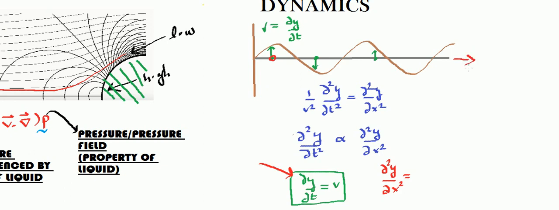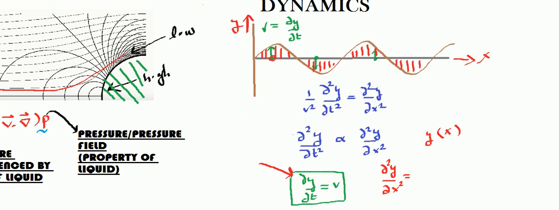So remember, this is the x direction and this is the y direction. Now y as a function of x represents how the y value changes with respect to x. So you can say that y as a function of x here represents the distribution of y function with respect to position x.